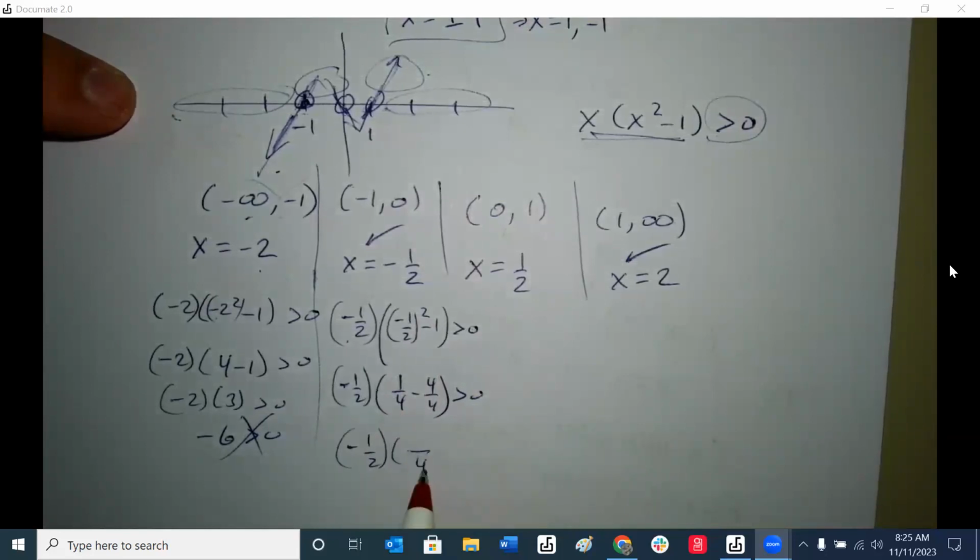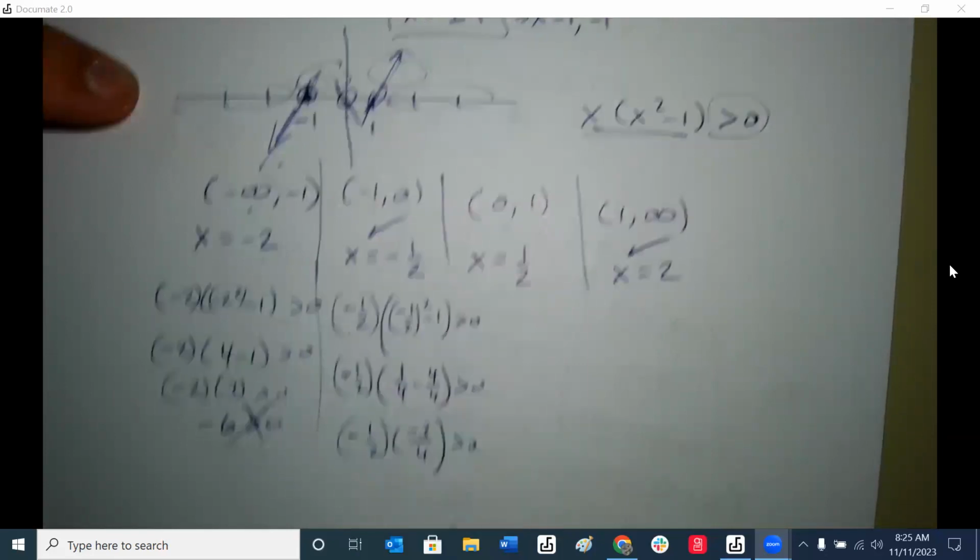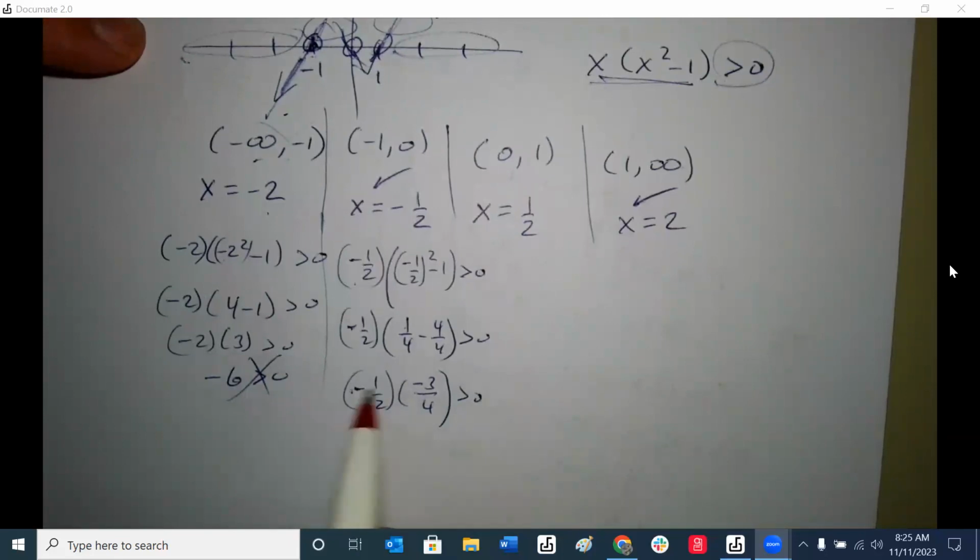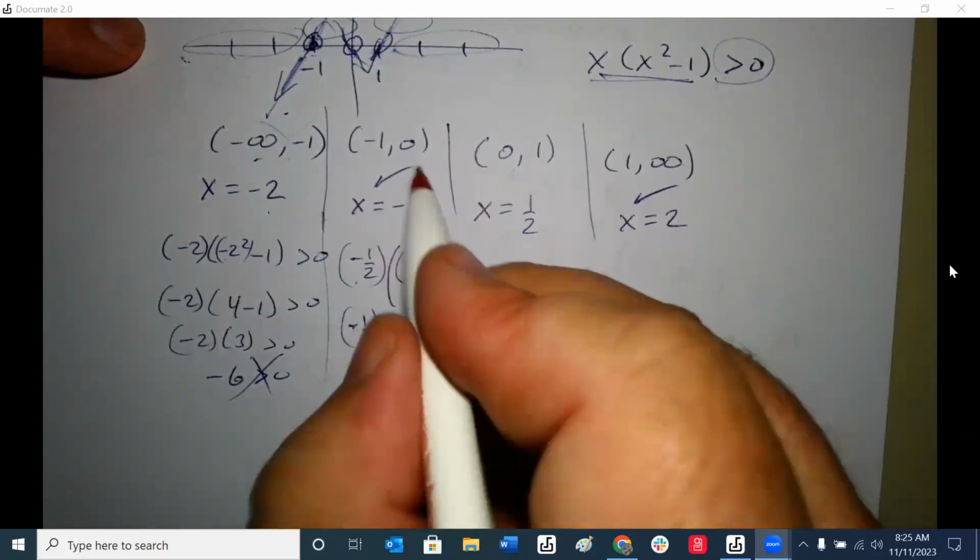So the bottom number is 4. 1 minus 4 is negative 3. Negative times a negative is a positive, so it's 3/8. That's a positive answer. So I know this one's going to work.